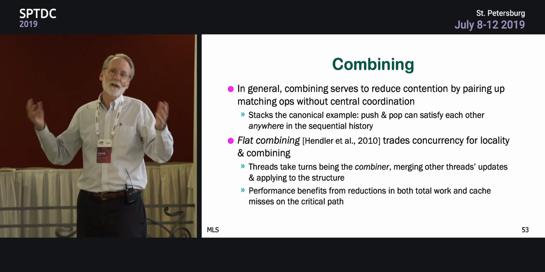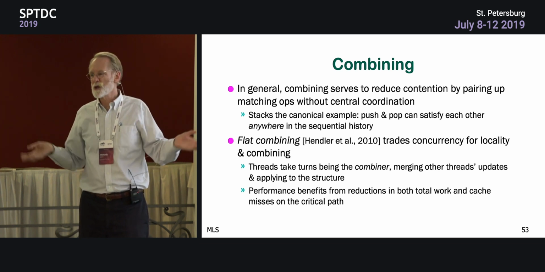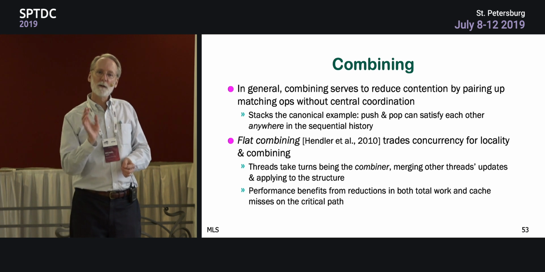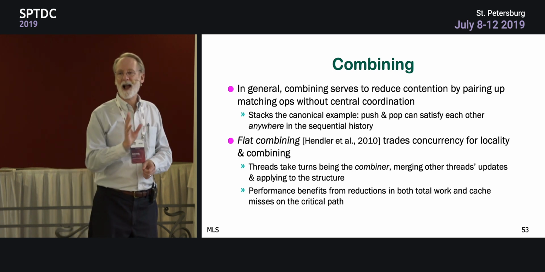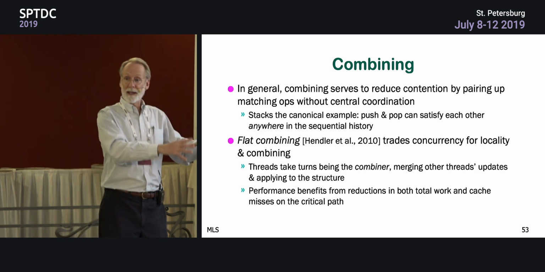And under low contention, it might be better to just let everybody do their own individual operation when they want to. So the idea with flat combining is that threads kind of take turns being the owner of the data structure.